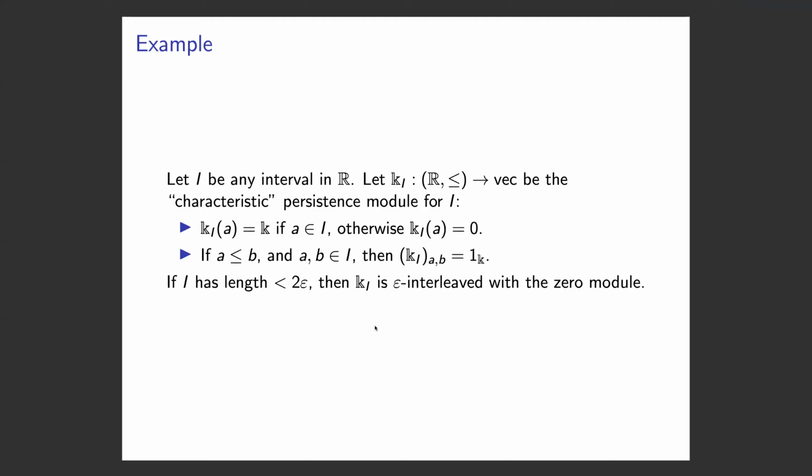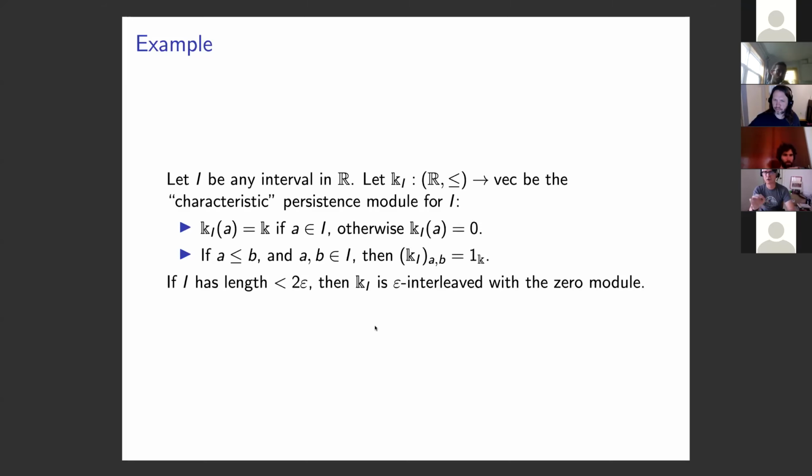And, well, if the interval is less than 2 epsilon, then you can start before the interval starts, go across and back again to the 0, and you end up back where your characteristic persistence module is 0.